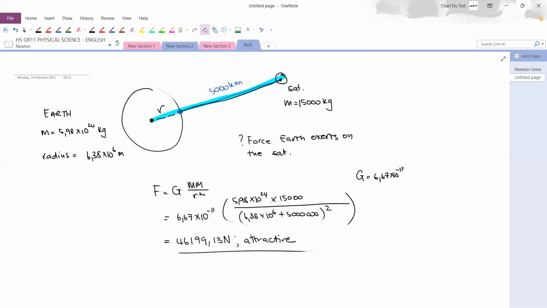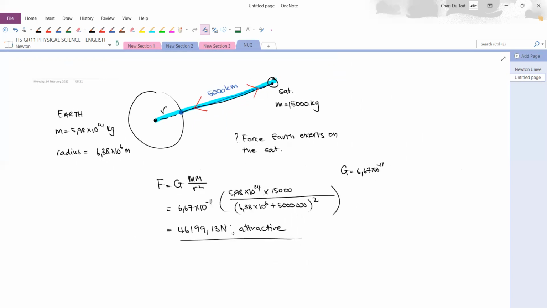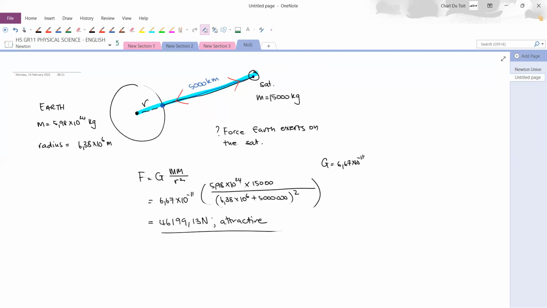That's the force that the Earth attracts the satellite with, and the satellite attracts the Earth. Remember, the Earth is attracting the satellite, but the satellite is also attracting the Earth with the same force, Newton 3. So the satellite is moving around the Earth. The Earth is not moving around the satellite. The simple reason is that the satellite's mass is much less, and the satellite can actually move at that force.